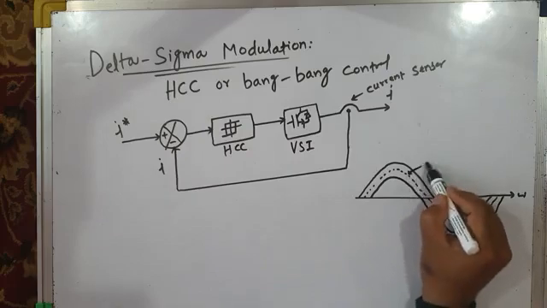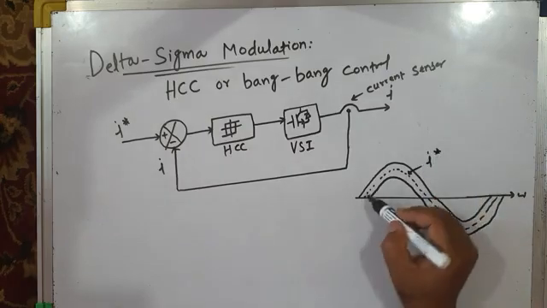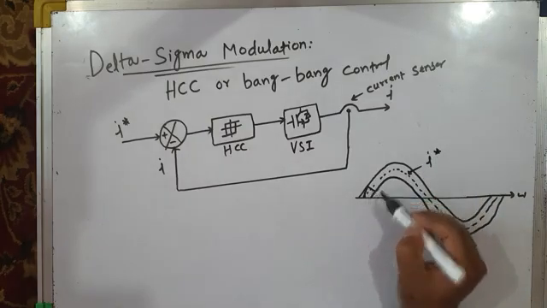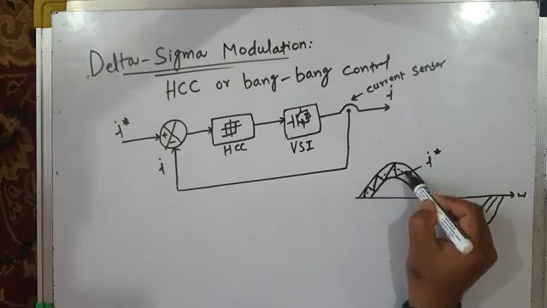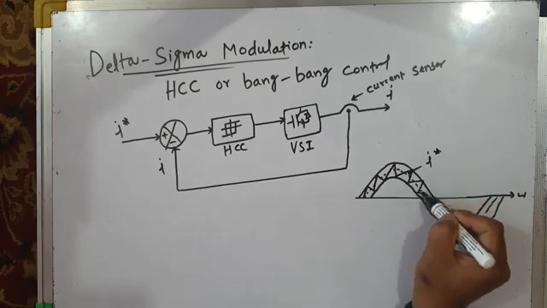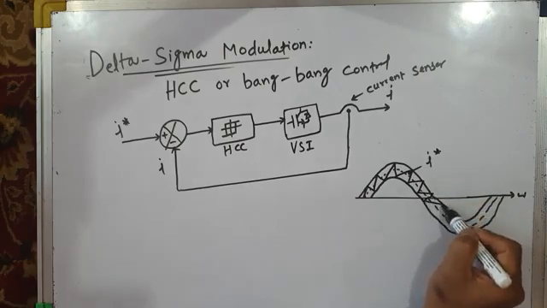If this is our I star, we made our I follow this I star within this hysteresis band. So this is the actual current I, which follows the reference current within this hysteresis band like this.